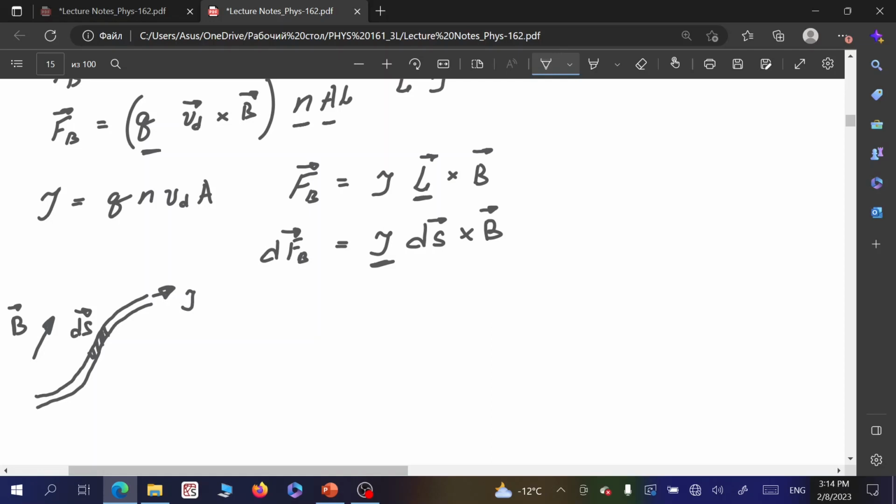According to the properties of the cross product of two vectors, we can say that the magnetic force will always be perpendicular to both ds and B vectors.